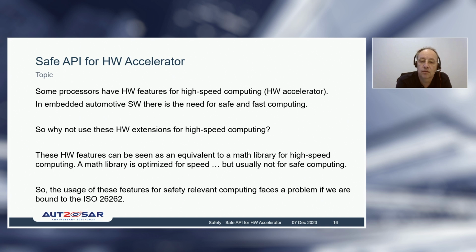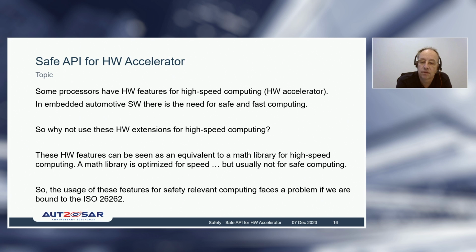So if the hardware of some chip offers these possibilities, why shall AUTOSAR not use these resources for high-speed computing? As a comparison, we can see these hardware features as the equivalent of a library for high-speed computing. We simply deliver tasks for high-speed computation to this library, or in our case, to the hardware accelerator.